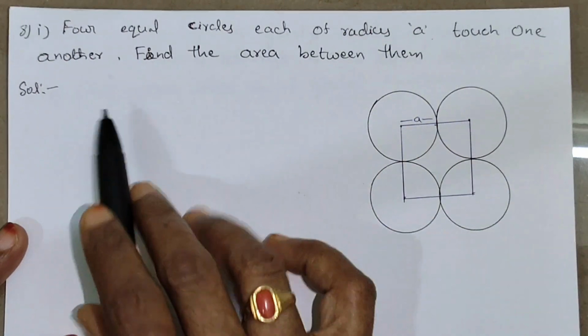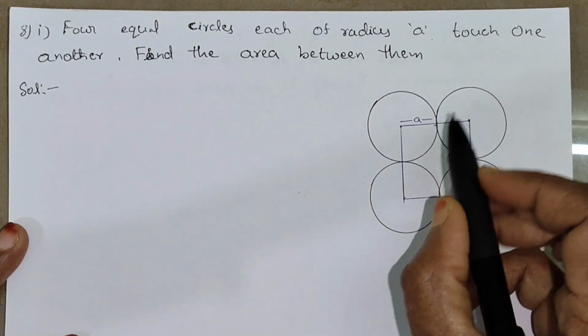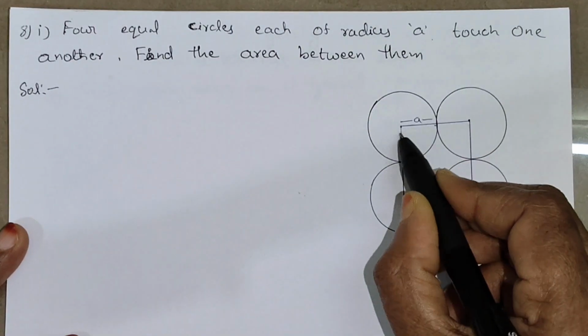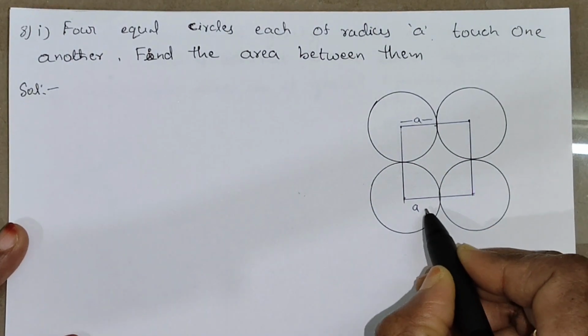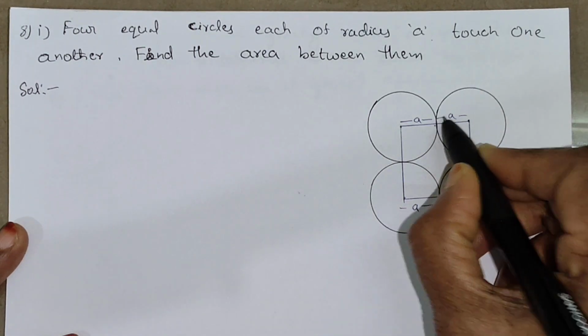So we find the area between these 4 circles. Here all circles have radius a.